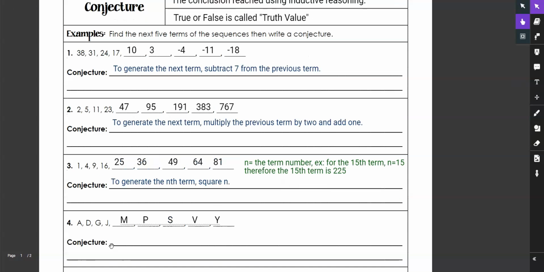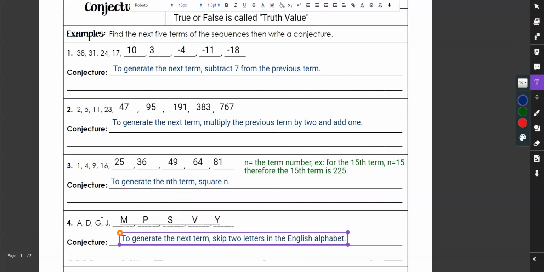Number 4, A, D, G, J, M, P, S, V, Y. Stop and think about what the pattern is. To generate the next term, you skip 2 letters in the English alphabet.